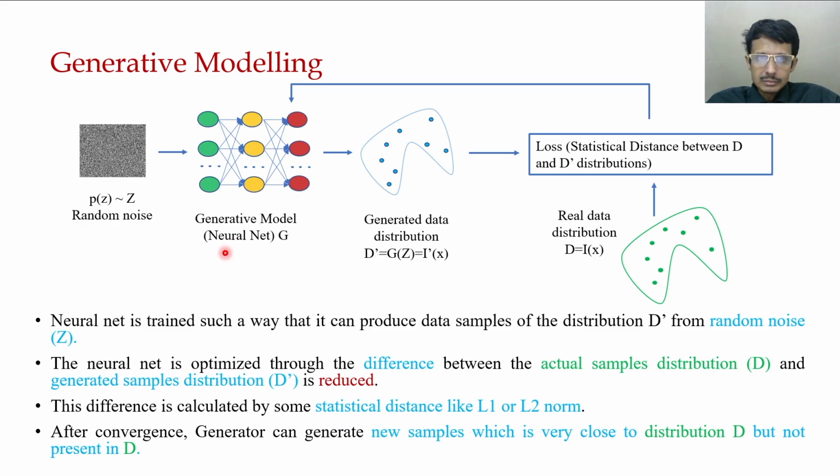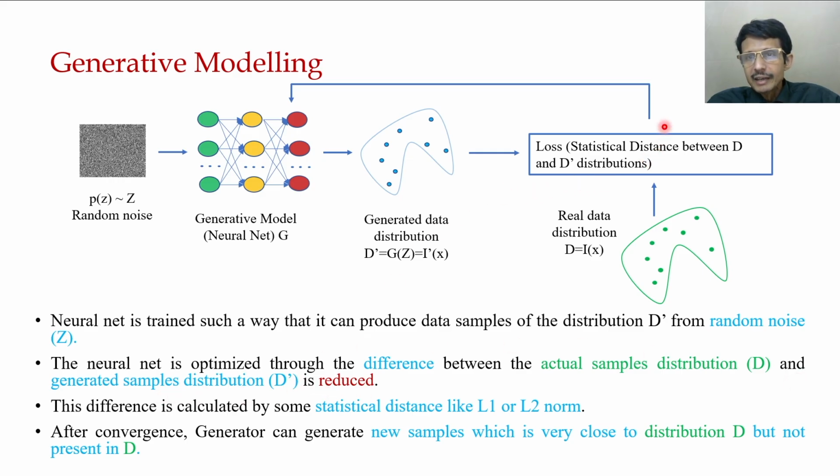So we can understand that the neural net is trained in such a way that it can produce data samples of the distribution D bar from a random noise. And what kind of data samples do we want? This distribution D bar should be close to the given real data distribution D. The neural net is optimized so that the difference between the actual sample distribution D and the generated sample distribution D bar is reduced.